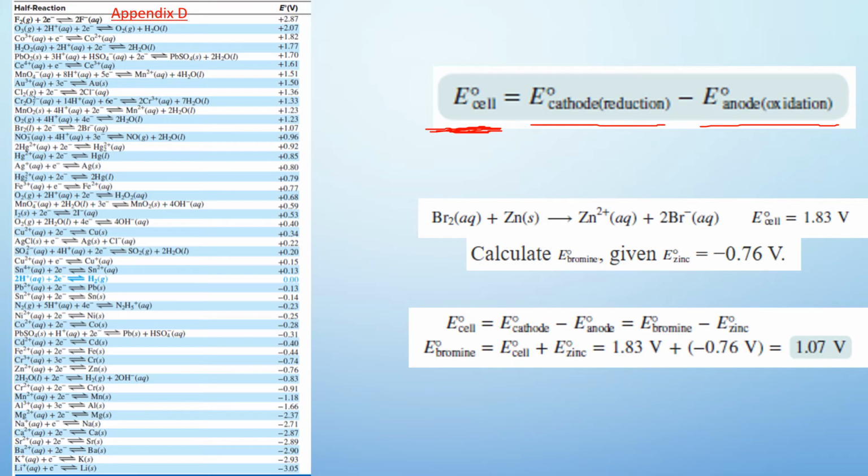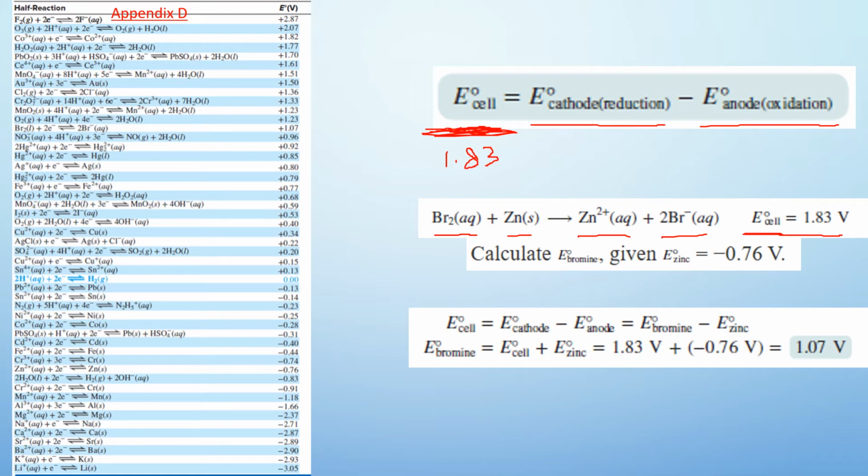For example, for this reaction, bromine oxidizes zinc into zinc 2 plus and bromide. We know that for this electrochemical cell, the standard cell potential is equal to 1.83, which is due to the individual standard half cell potential of each half cell. So if we know one of them, we can calculate the other.